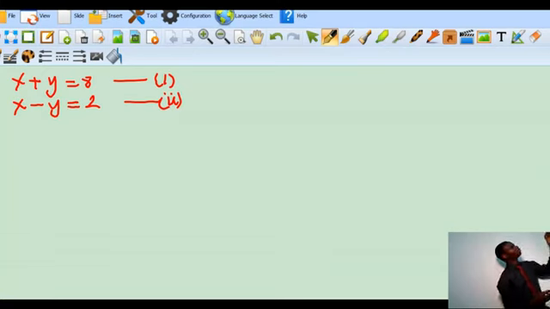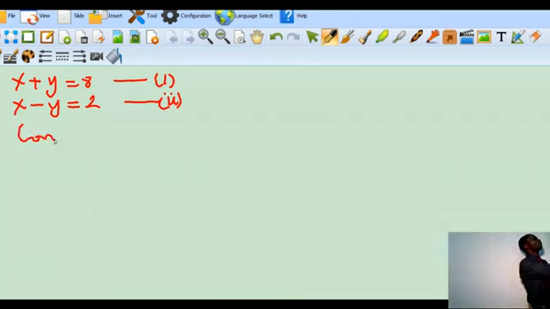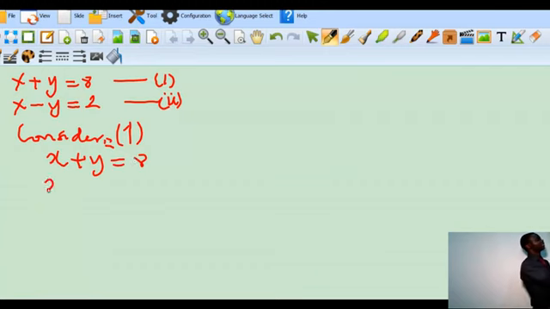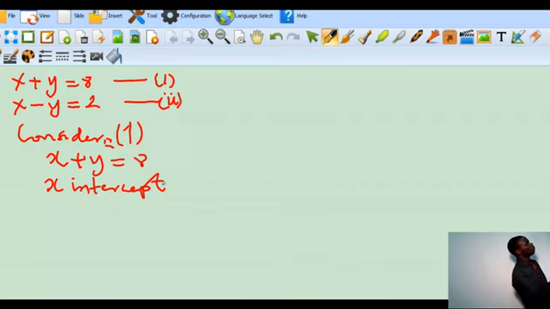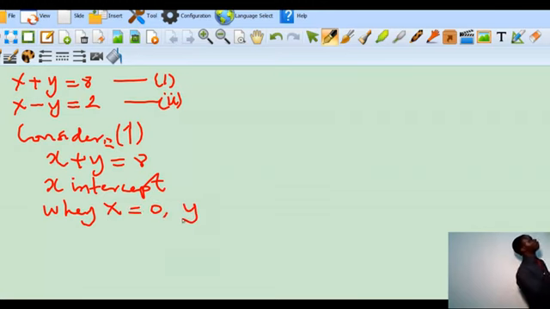Now, considering this equation, as I said earlier on, let us see how we can use the graphical method to obtain the two unknowns, which are x and y. Considering equation 1, x plus y is equal to 8. For intercepts, when x is equal to 0, from the equation, you know that y will be equal to 8.